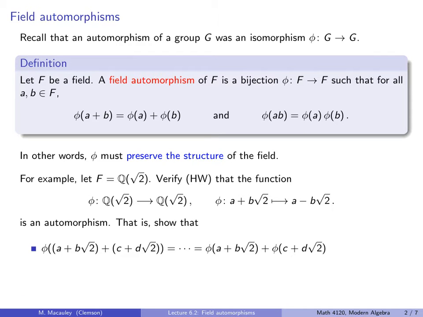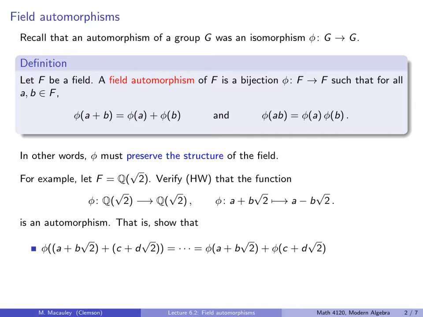In other words, you have to show explicitly that phi of the sum of two elements, A plus B root 2 plus C plus D root 2, is equal to phi of A plus B root 2 plus phi of C plus D root 2. It's not hard. You just need to plug in the definition and then rearrange terms and show that this holds. Well, that shows this first part.